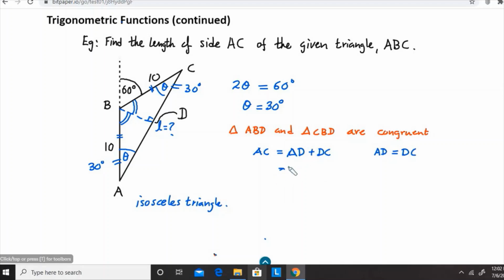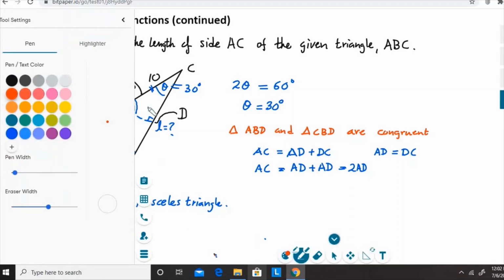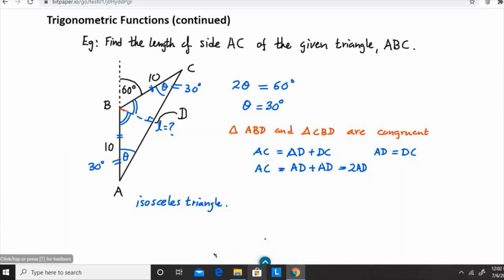So that means I can rewrite the right hand side as AD plus AD equals 2AD. So instead of finding AC, what I can do is find AD and multiply that value by 2. So how do I find AD? What is AD? AD is this side of this smaller ABD triangle. And the important thing is that that's a right angle triangle. So let me highlight that right angle triangle so it's more clear.